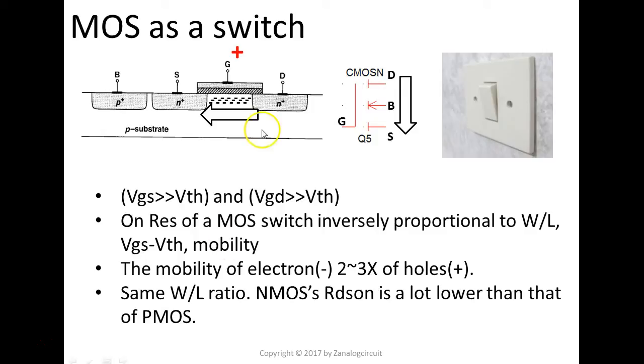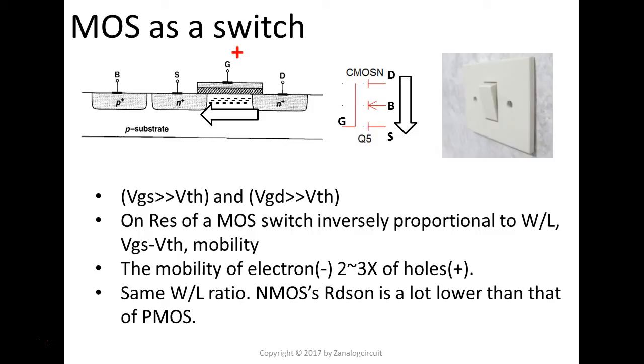The NMOS, which we use as the example here, uses electrons as the carrier to conduct current, while PMOS uses holes. So for the same W/L ratio, the same size, the NMOS RDS(on) is a lot lower than the RDS(on) of the PMOS, if you keep the size the same.